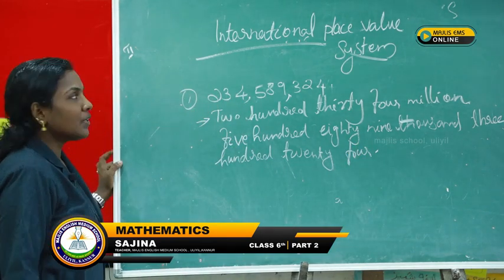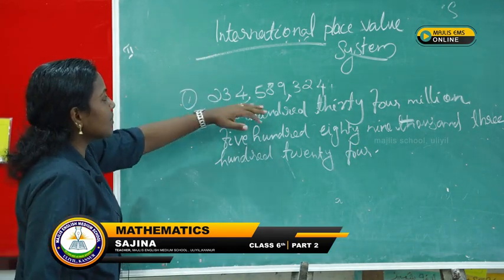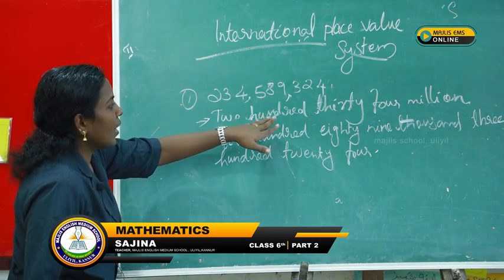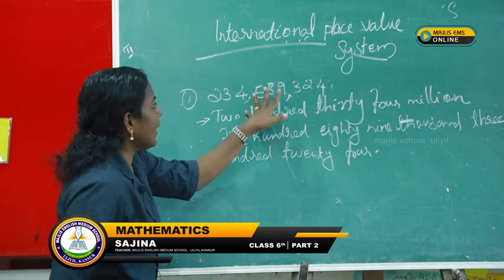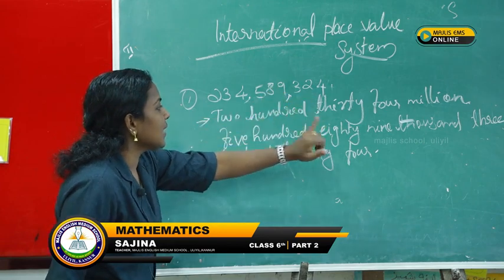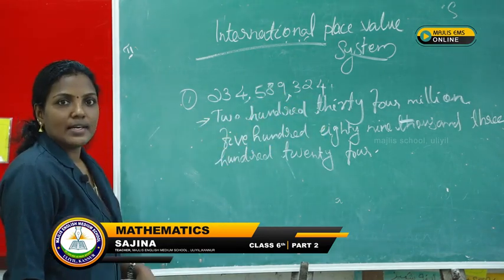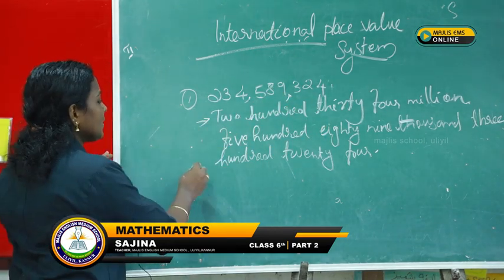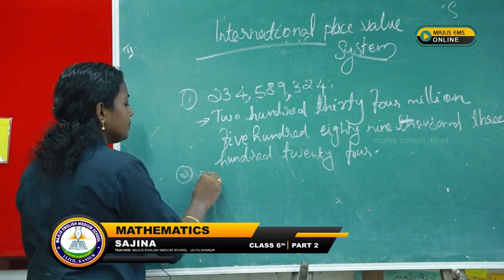Okay, in the international place value system, this number is read as 234 million 589,324.